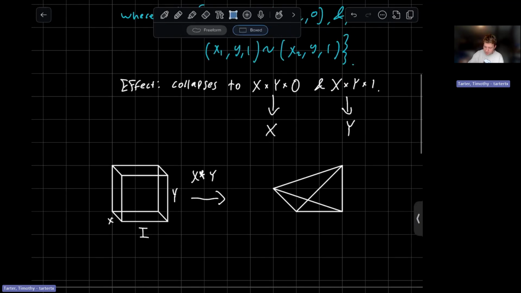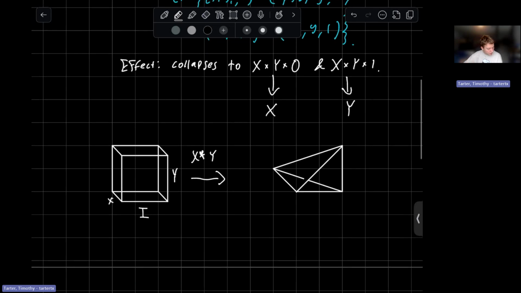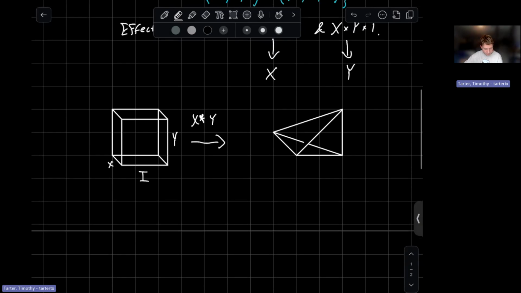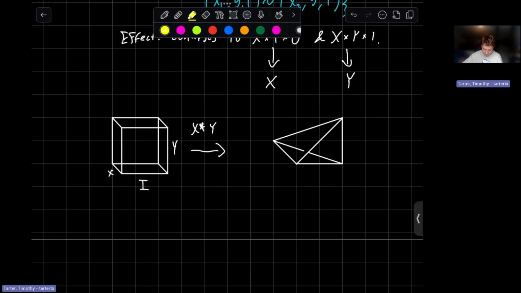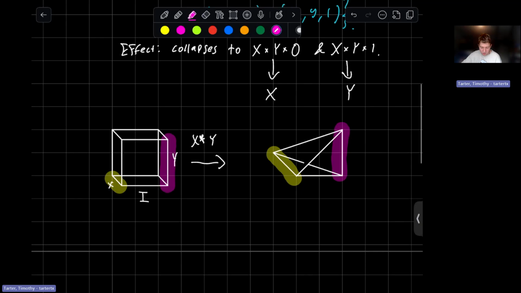The idea here is collapsing things to one corner, where it's just X at 0 on I, and then it's just Y at 1 on I. So this is still here, and then similarly Y has a copy there, and then everything in between is just I.